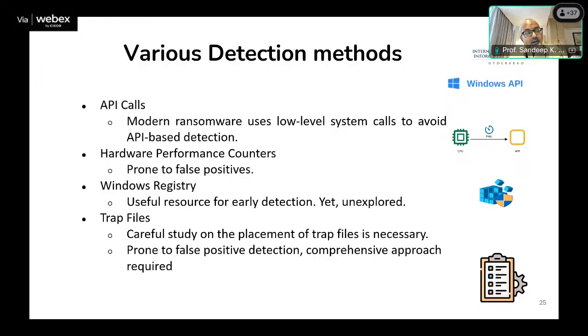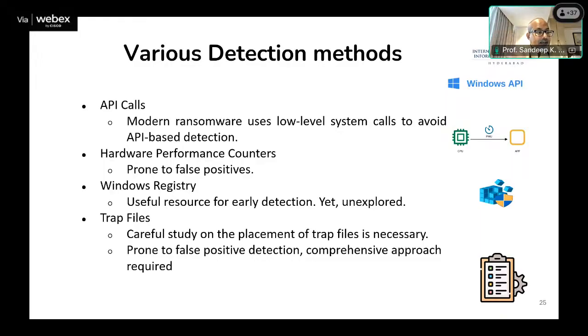Therefore, it is very difficult to figure out where to put the trap file, or whether I should put many trap files. The problem with many trap files is that sooner or later, users will start getting into the trap files, and they will generate alerts, which will be false alerts. So you cannot have trap files all over the place.